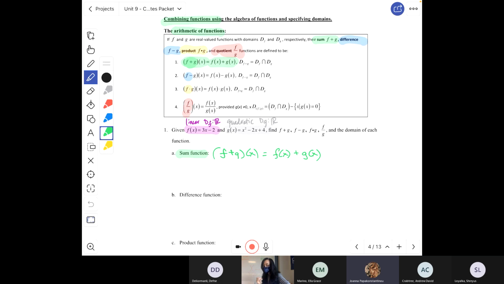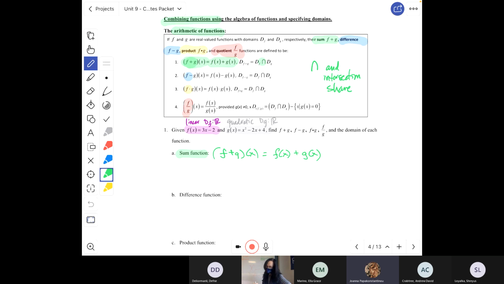And to find the domain, what am I looking for? What does this symbol mean? The intersection. Where the points that they share. So this symbol, if you recall, means and. It is the intersection. It's what they share.